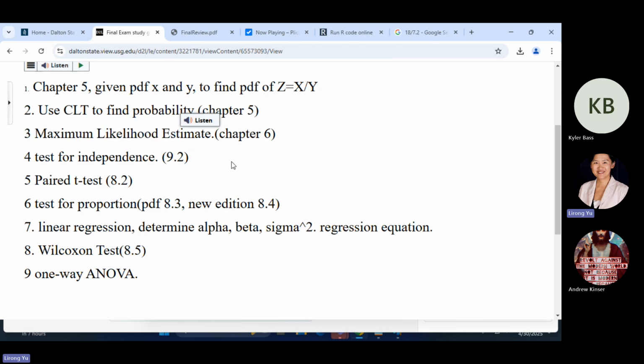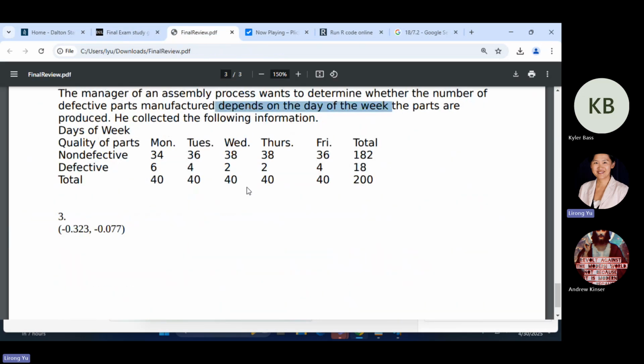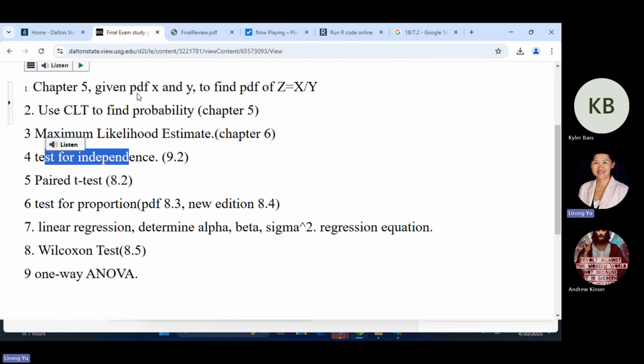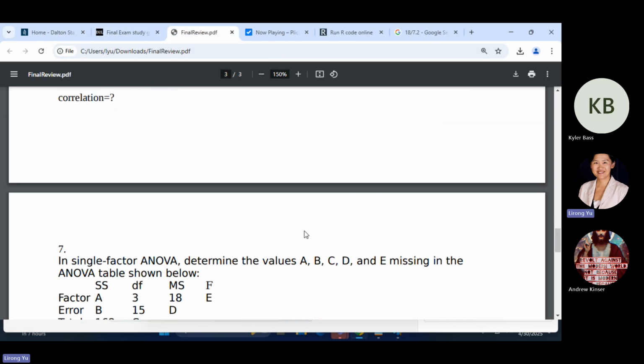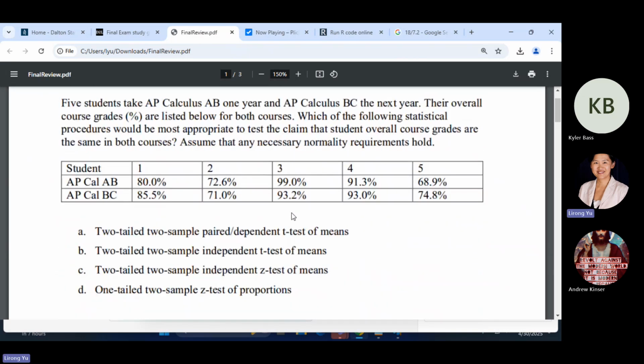Maximum likelihood estimator is the assignment from 6.4. Test for independence is the one we just did, like the one for the day and defective parts. Paired t-test is the one we were talking about, before and after. This is the paired t-test.